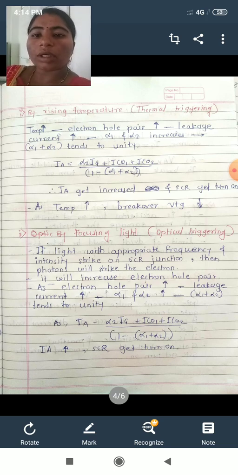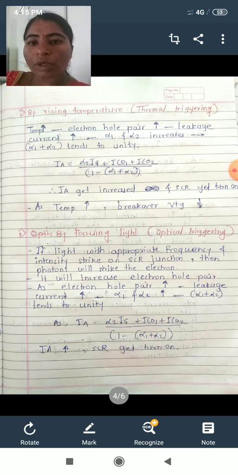And we know the equation for anode current, which we already calculated in the two transistor analogy: IA is equal to alpha 2 Ig plus ICO1 plus ICO2 upon 1 minus in bracket alpha 1 plus alpha 2. As alpha 1 plus alpha 2 tends to unity, the denominator goes to approximately 0, so your anode current increases more and more.